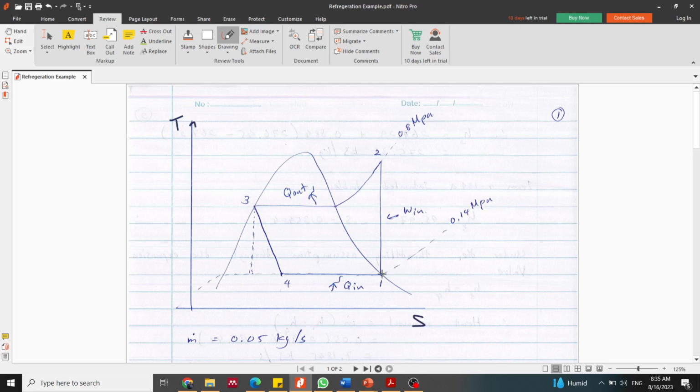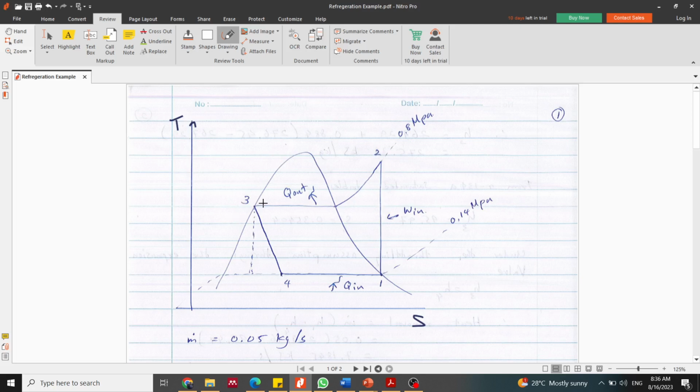This is Q in. What exits the evaporator is 100% saturated gas, which enters the compressor. That is our assumption: the entry point for the compressor is 100% saturated gas, and it compresses the gas in such a way that it increases the pressure.